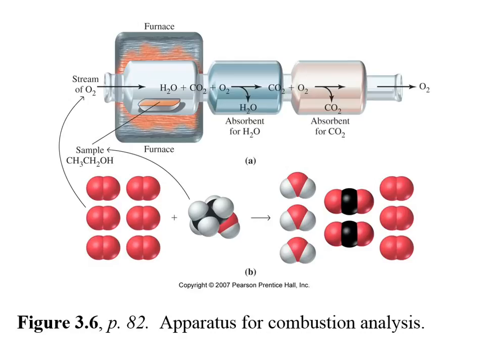By scrubbers, I mean literally they are a type of material that is specifically absorbent to water and specifically absorbent to carbon dioxide. So all they have to do is weigh that material before and after to know how much it picked up. That's it. That's how we get these masses.